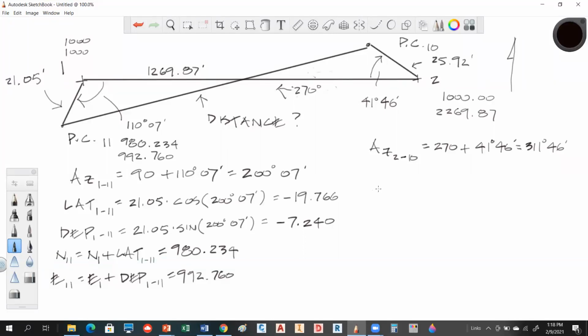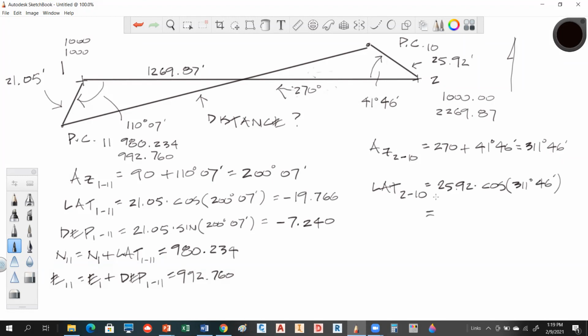Okay, so my latitude, I'm running out of room here on my right. 2 to 10 is the distance 2 to 10 times the cosine of 311.46.